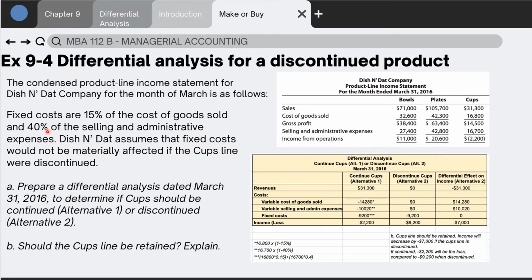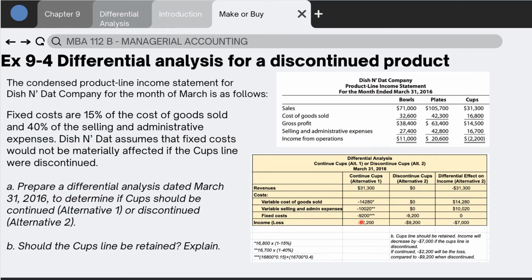Same with the variable selling and admin expenses. As mentioned in the problem, fixed costs are 40% of the selling and admin expenses. So that is calculated by selling and admin expenses, which is $16,700 times 1 minus 40%. So it's $10,020.